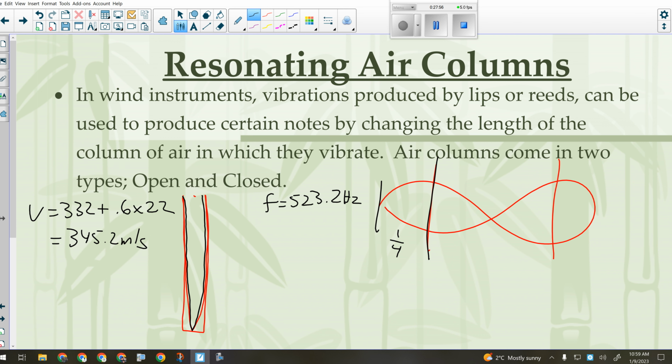And I'm going to figure out how long my air column is when this happens. What will I be able to use that to get? Yeah, because that'll be 1/4 of a wavelength, and then I'll be able to get the wavelength from there. Everybody okay with that?